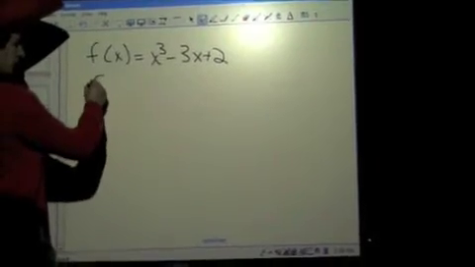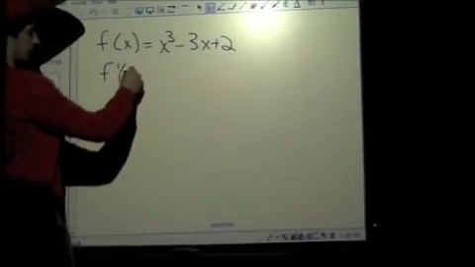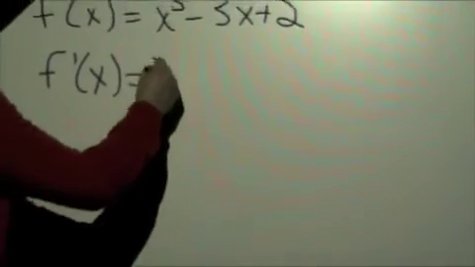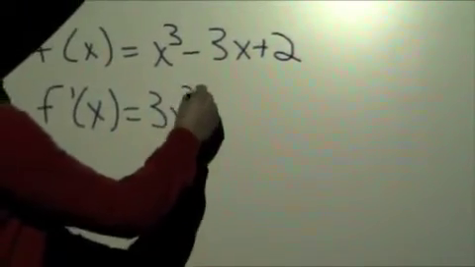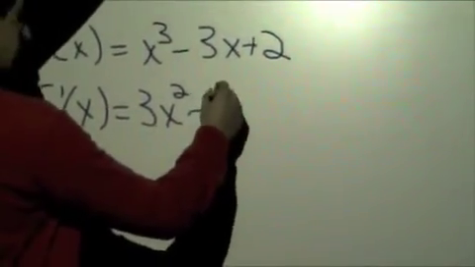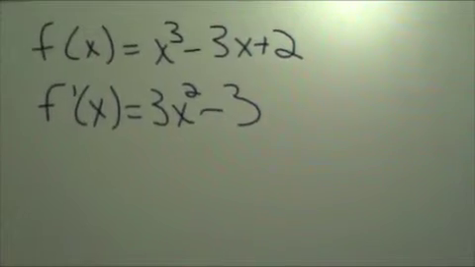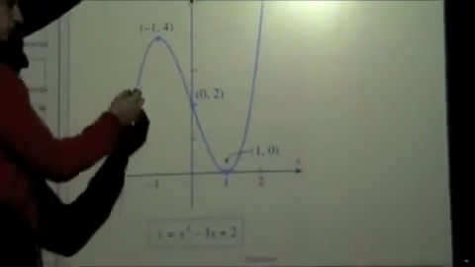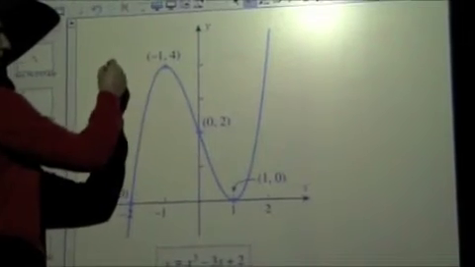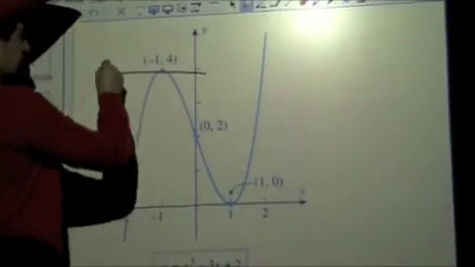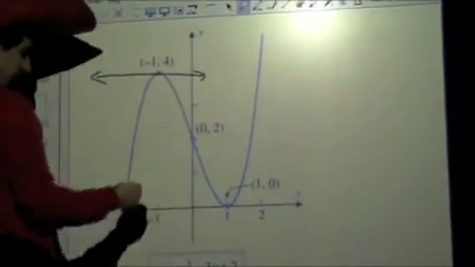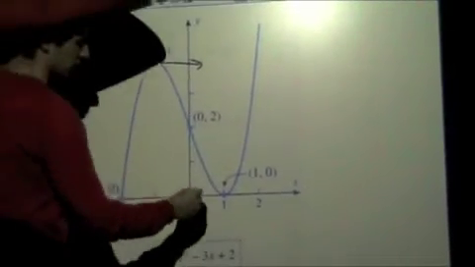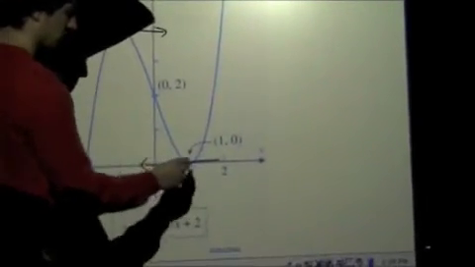So we'll take the derivative, f prime of x equals 3x squared minus 3. Now, like I said, that gives us the slope of the tangent line. Here we see the slope of the tangent line is equal to 0, if we follow the function, and here it's also equal to 0.